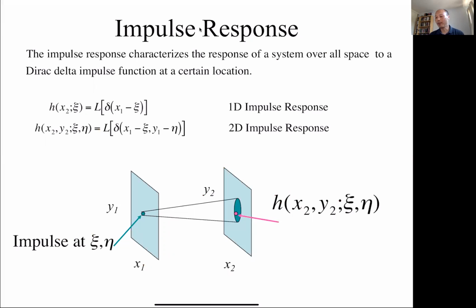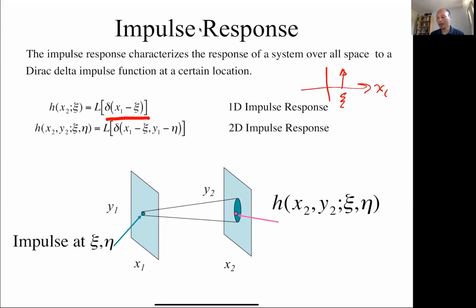Okay, so now we want to start introducing the more formal way of talking about impulse responses. Formally, if I have some impulse as input, along the x1 coordinate it would be represented as a Dirac delta function located at xi, x1 minus xi.